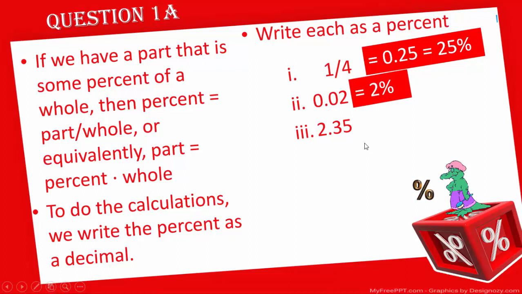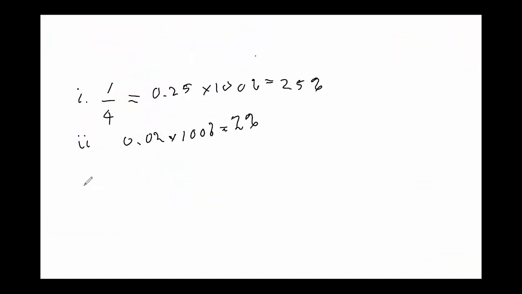And here, the next one, we have iii. And again, we'll go back to the whiteboard and calculate it out explicitly. And for the third one, let's see what we have. Wow, we have 2.35. Well, in certain circumstances, things can be more than 100%, and this will be explained later.